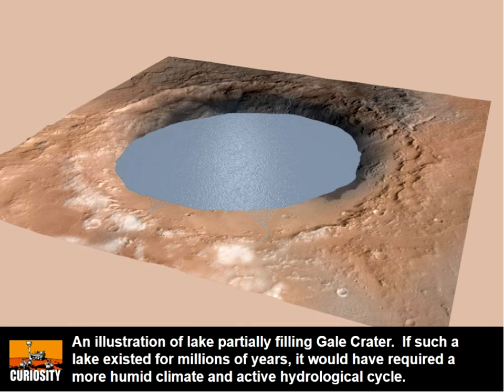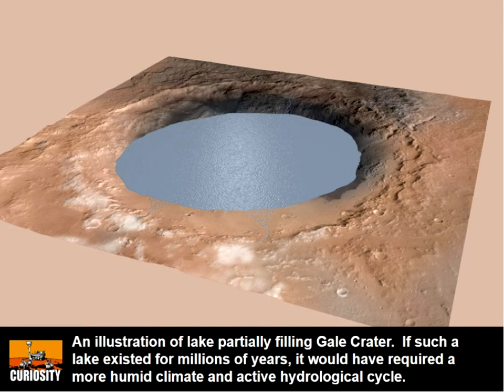What's exciting about this theory, which seems to be holding up so far, is that it really requires a Mars that's very different from today's Mars. There's just no way you could have these lakes and rivers in current Mars because it's really dry, it's really cold. There's hardly any water today, and any water there is all frozen up at the polar caps.